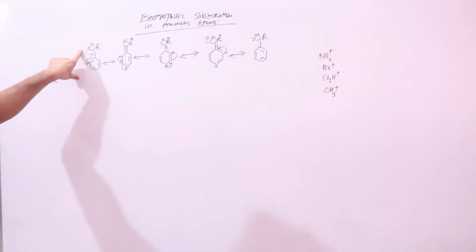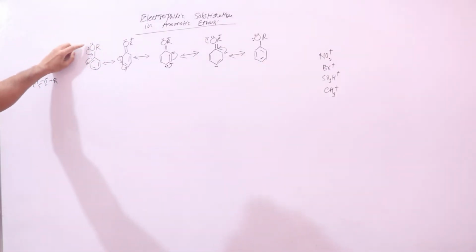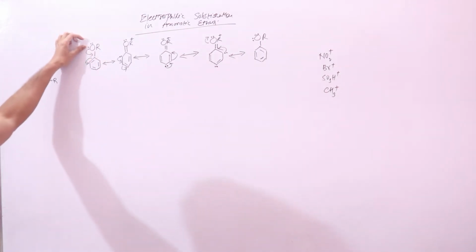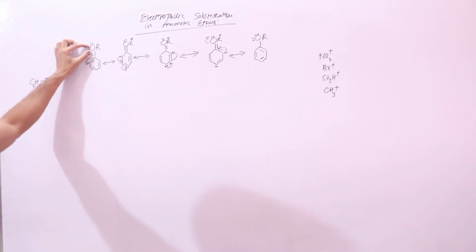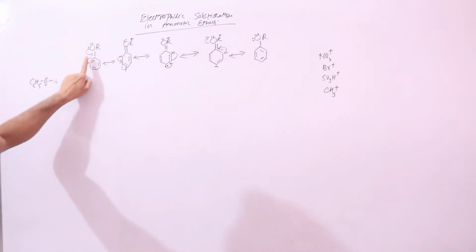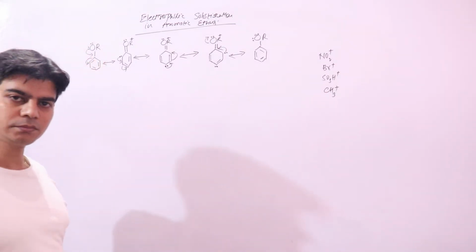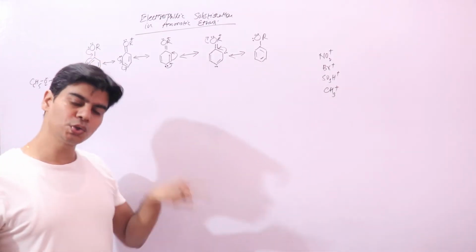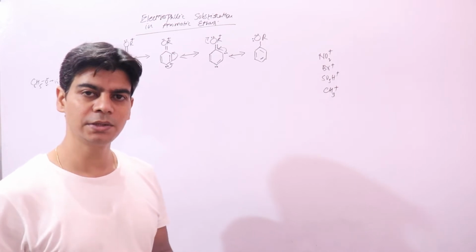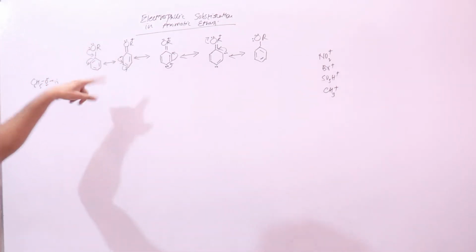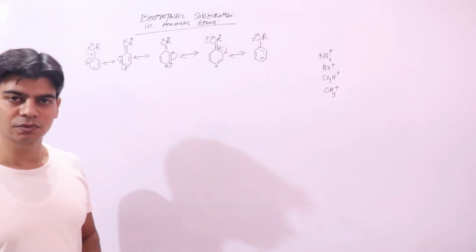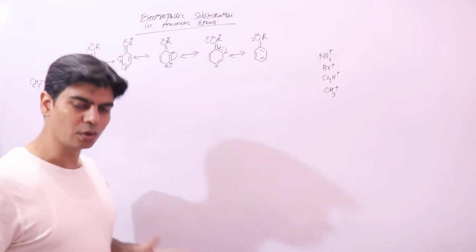If you look at this, you have this OR. This is your benzene nucleus. You have two lone pairs of electrons. Now what happens is this lone pair of electrons will enter into conjugation with the benzene nucleus. It will start moving inside the benzene nucleus and will create sites of high electron density, because this is a lone pair of electrons.